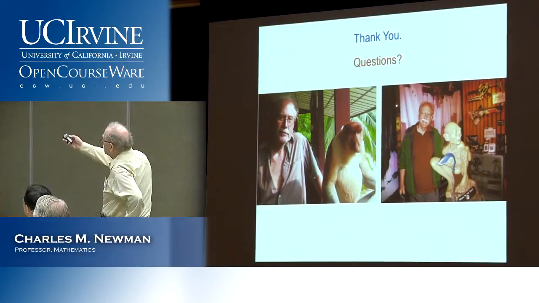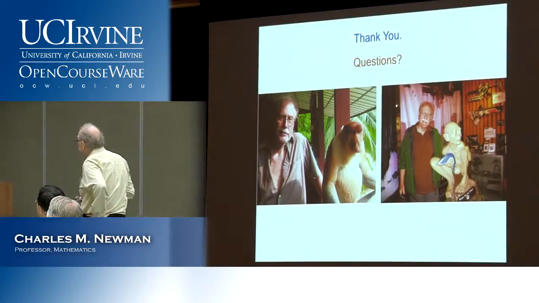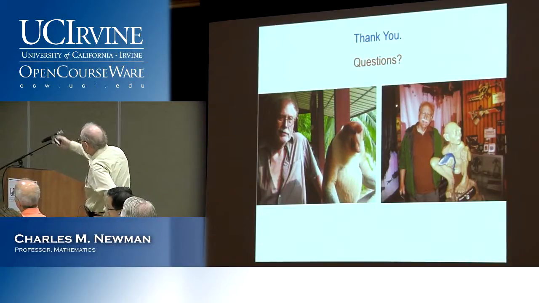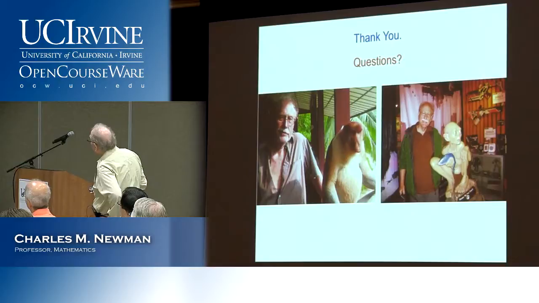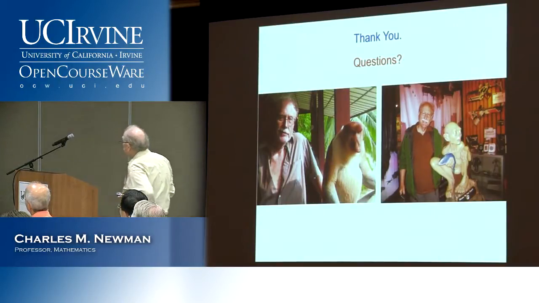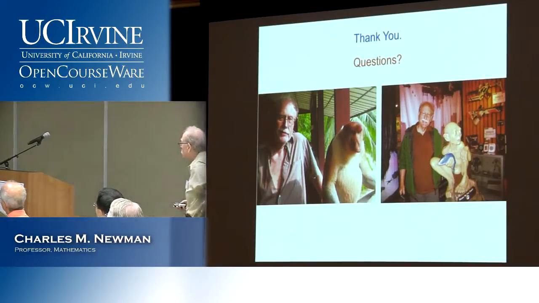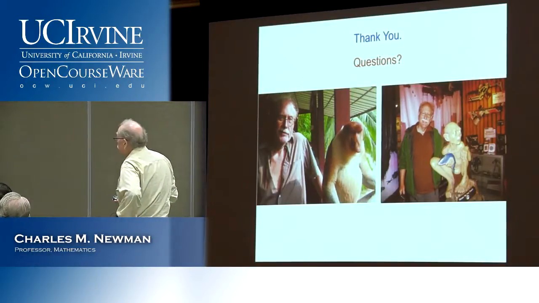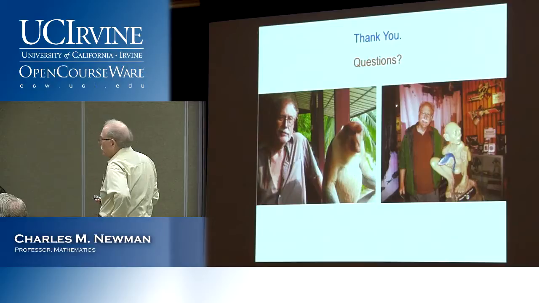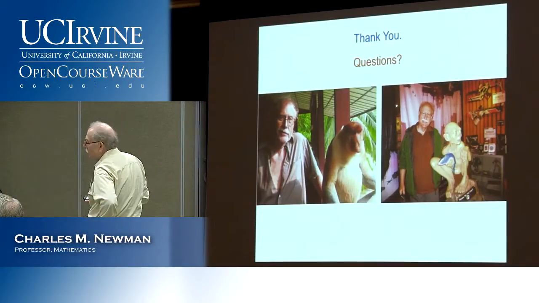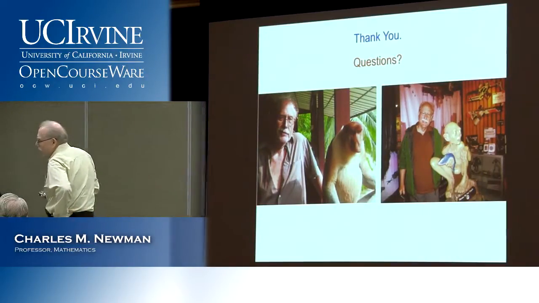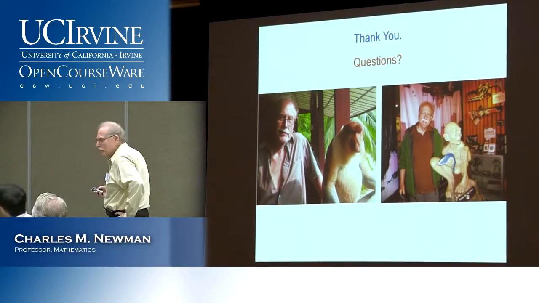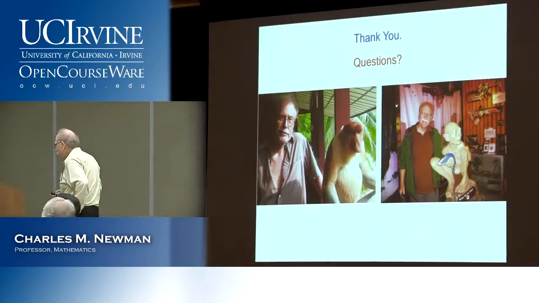So that's not real, but the one to the right of me in the other picture actually is real. That was a picture taken by my daughter in Borneo a year and a half or so ago. I suppose that fellow there, a proboscis monkey, is a complex system all of its own, or at least the harem that he runs. He's an alpha male. That's certainly a complex system. So thank you very much.